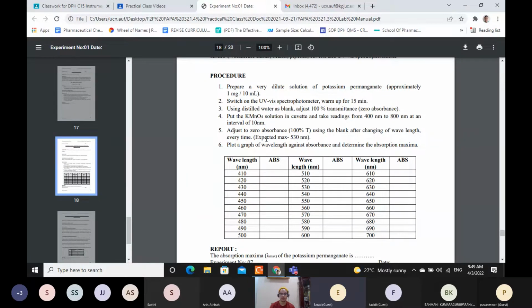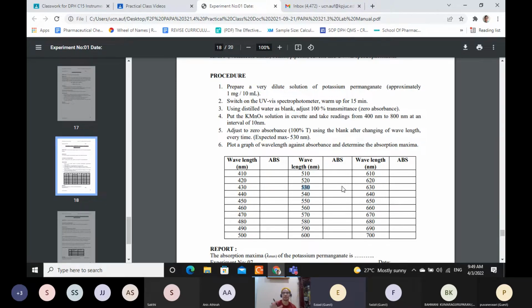So kat sini kalau kita tengok pharmacopoeia, maybe dia kata expected max is to be 530 nanometer. So maksudnya kalau kita dah ambil bacaan for the absorbance for all this wavelength, kita expect bacaan absorbance paling tinggi adalah pada 530 nanometer.